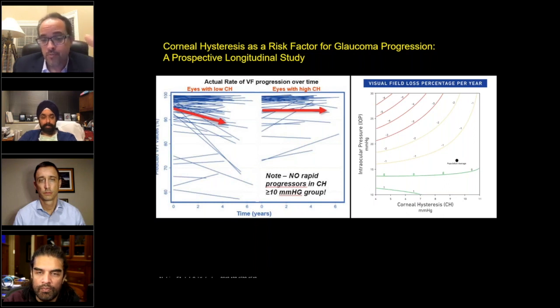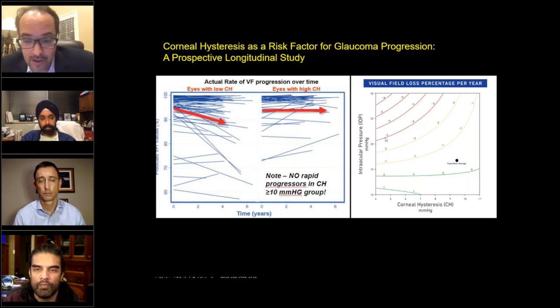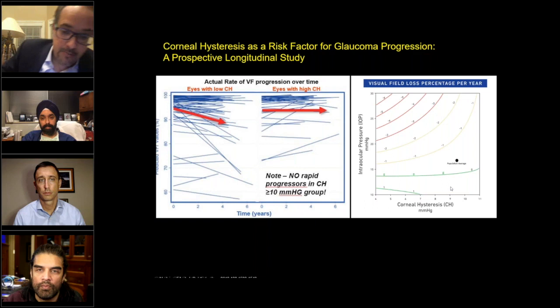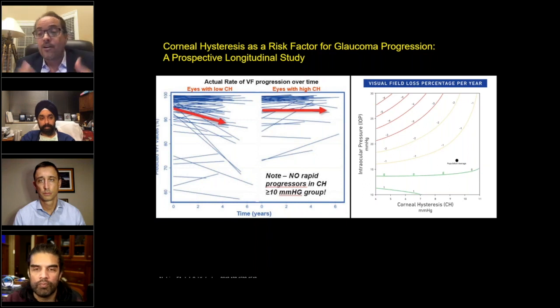So let's say -3% per year may actually sound small, but you have to think that it will accumulate over time. If I have -3% per year, in 10 years I lost 1/3 of the visual field. So it's actually an extremely fast progression. So low corneal hysteresis and high intraocular pressures were particularly harmful.